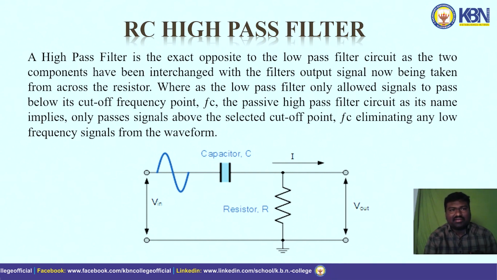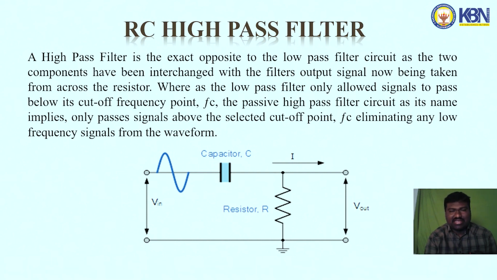RC high pass filter. A high pass filter is the exact opposite of the low pass filter circuit, as the two components have been interchanged. That means the resistor is in place of the capacitor, and the capacitor in place of the resistor, as shown in the figure. The filter's output signal is now taken across the resistor, whereas the low pass filter only allowed signals to pass below its cutoff frequency Fc.